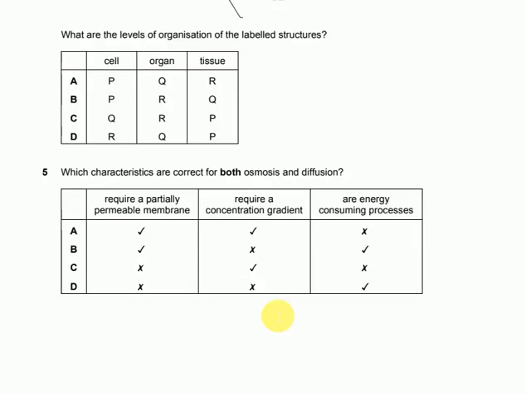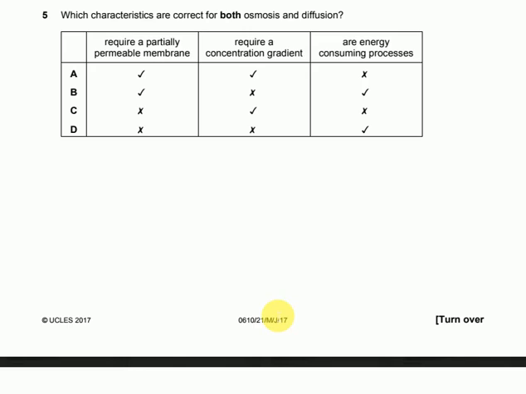Let's move on. Which characteristics are correct for both osmosis and diffusion? Require a partially permeable membrane, require a concentration gradient, and are energy consuming processes. Osmosis requires a partially permeable membrane, but diffusion does not.